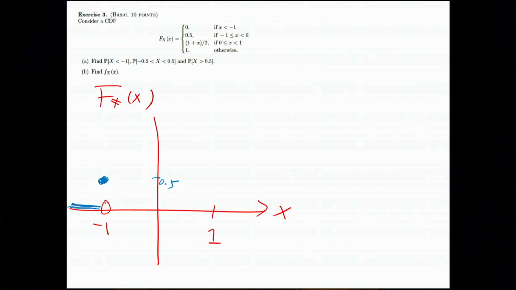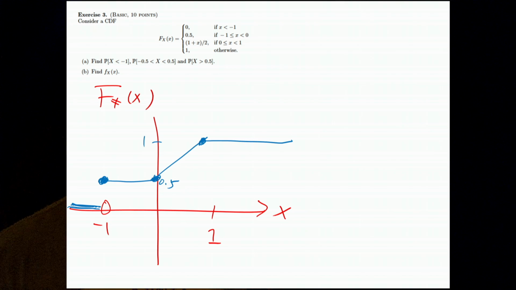So here is a solid dot to here. Still a solid dot because when x equals 0, it's continuous here, 0.5. Here's 1. And from 0 to 1, it's a slope to 1. That's the CDF.